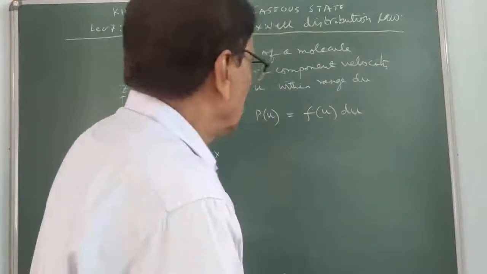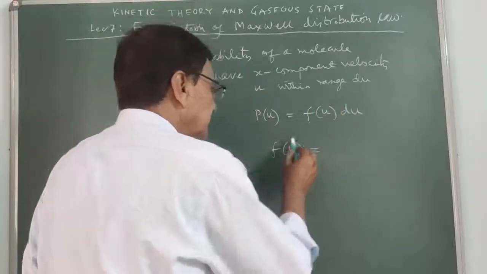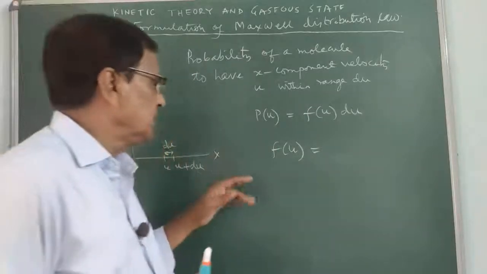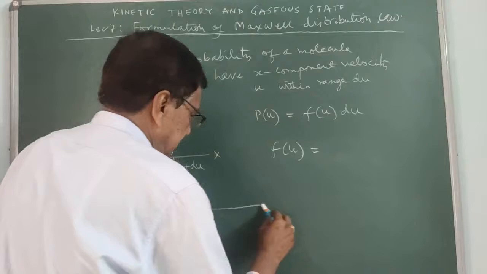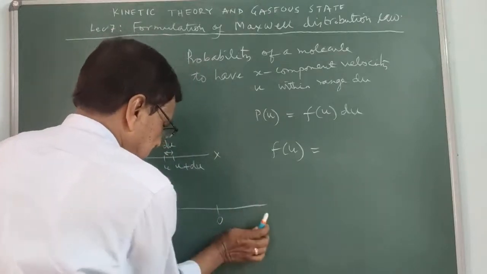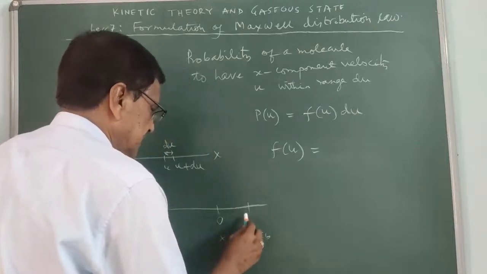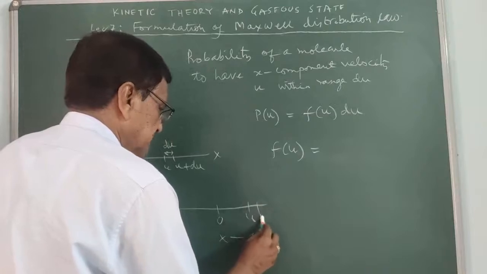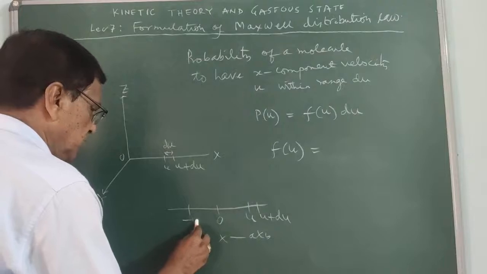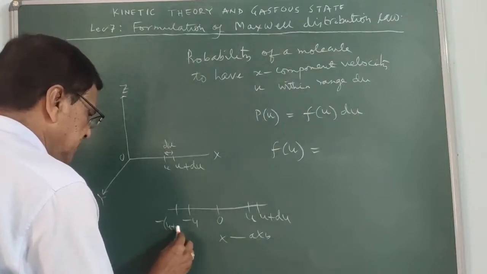What will be the function f(u)? What will be the mathematical expression of this function? Suppose this is the x-axis, this is the origin, here it is u, here it is u plus du, here it is minus u, here it is minus u plus du.